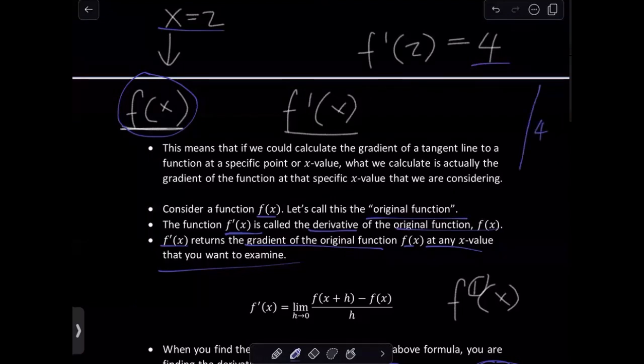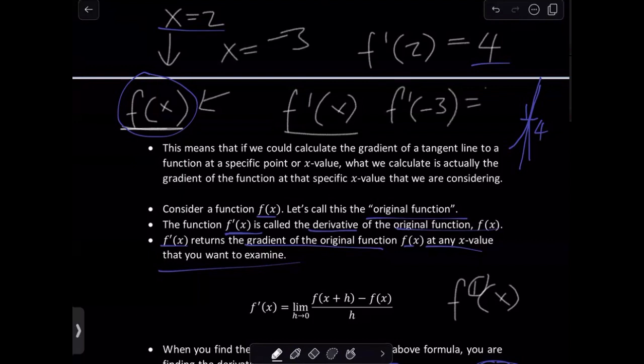So the function will be looking quite steep at x equal to 2 because it has a gradient of 4. Let's say you then wanted to find the gradient of the original function at x equal to minus 3. All you have to do is substitute minus 3 into your derivative function. Let's say it gives you an answer of 7.